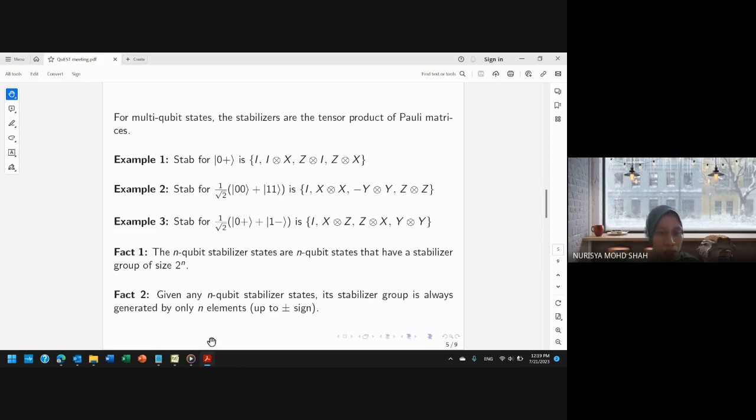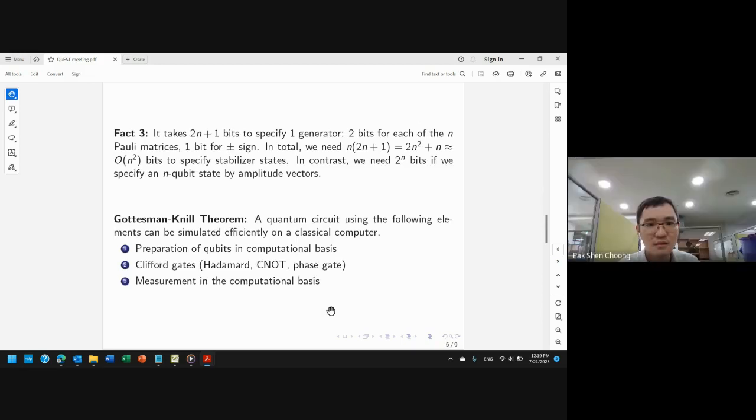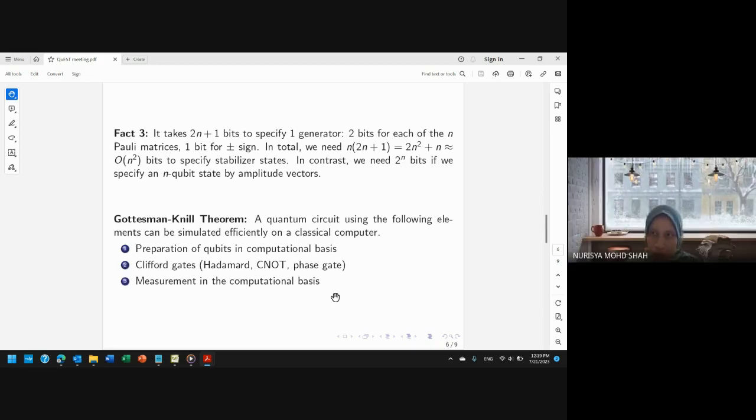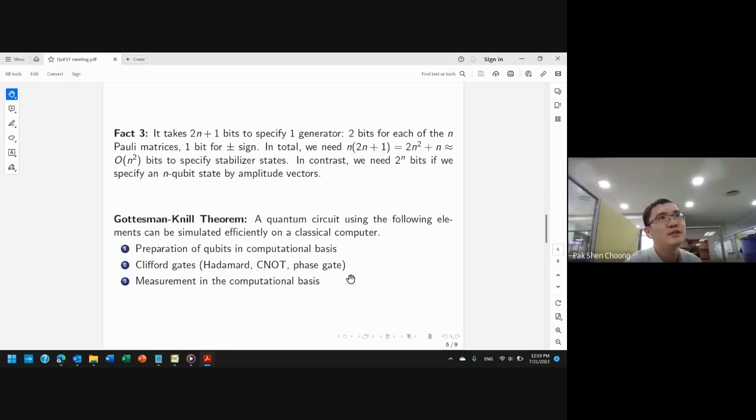Just now we have stabilizer states, so it works with the rest. So non-stabilizer states means that you cannot apply the stabilizer equations, right? If it is non-stabilizer, it's either what you are saying or you add in a gate which is not from the Clifford gates.